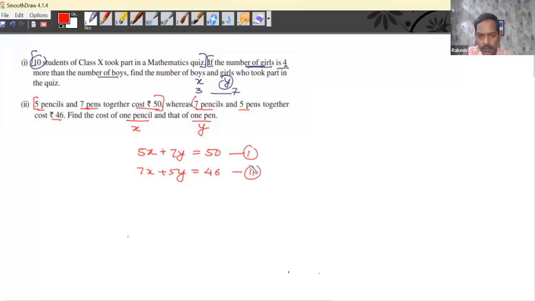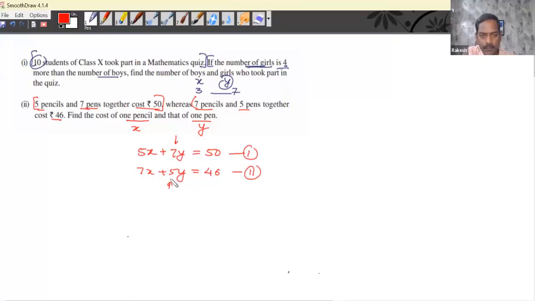One way is of course the substitution, but here we'll be using elimination. Let us assume that we want to eliminate Y. How do I proceed? Usually we want these coefficients to become the same, right? So if nothing comes to your mind about what to multiply, use the thumb rule.